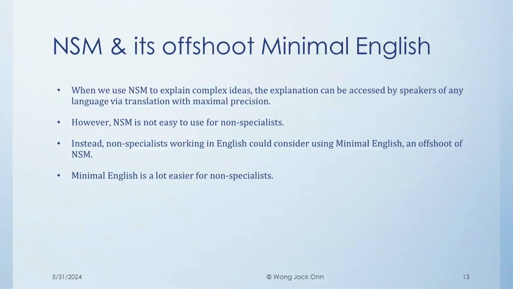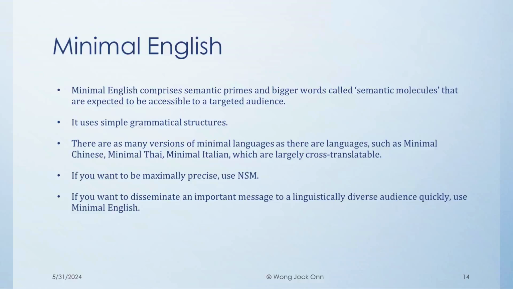Instead, non-specialists working in English could consider using Minimal English, an offshoot of NSM. Minimal English is a lot easier for non-specialists. Minimal English comprises semantic primes and bigger words called semantic molecules that are expected to be accessible to a targeted audience. It uses simple grammatical structures.